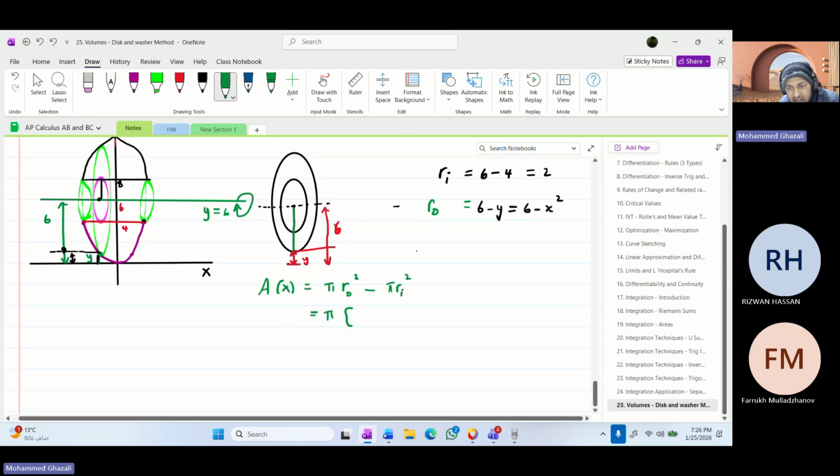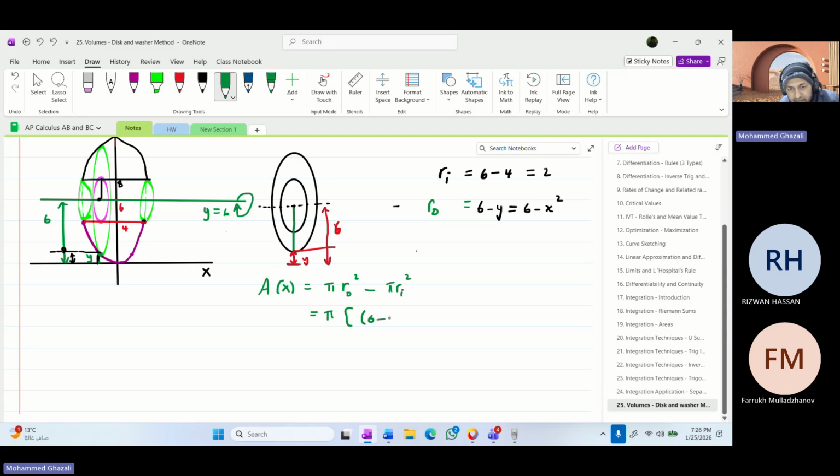The outer circle is 6 minus x squared, squared. Subtract the inner circle, 2 squared, the inner circle radius. That's easy to expand now. That's pi, open brackets, 36 minus 12x squared plus x to the power 4 minus 4.